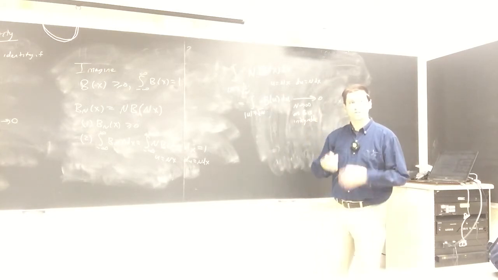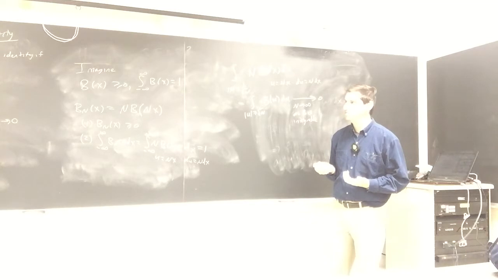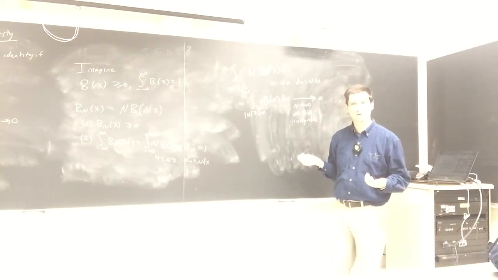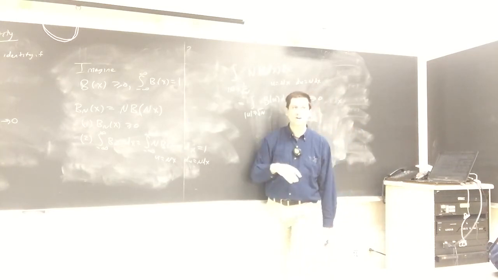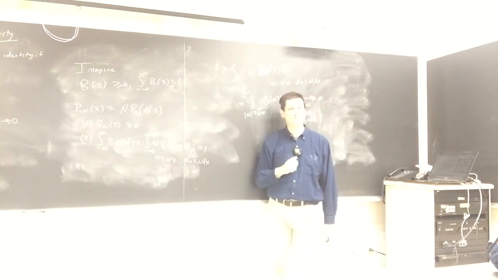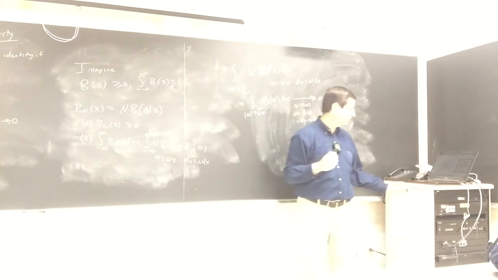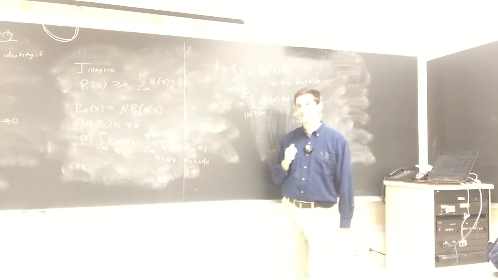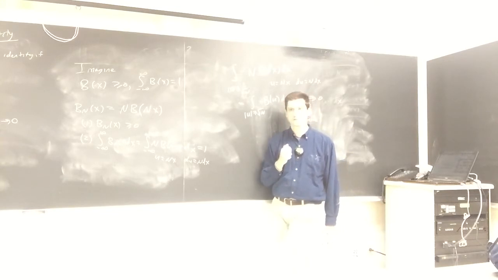So what this tells you is you have a huge source of approximations to the identity. Take any non-negative integrable function that integrates to 1. If it doesn't integrate to 1, not a big deal. Just rescale it so it integrates to 1. Any idea what's a really good family of approximations to the identity? What is a good choice for b?